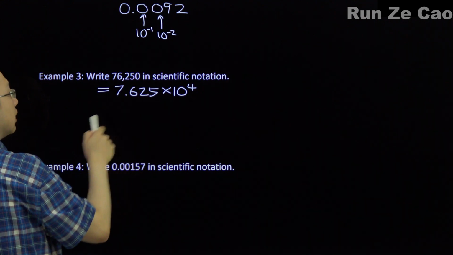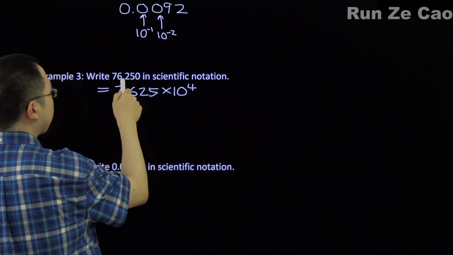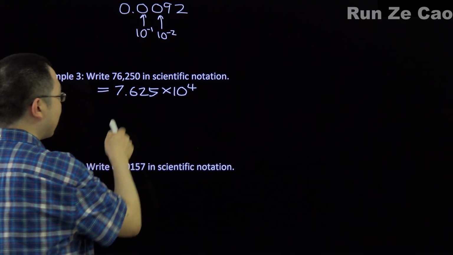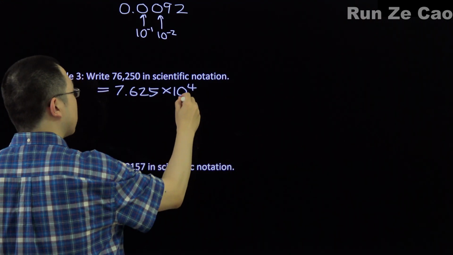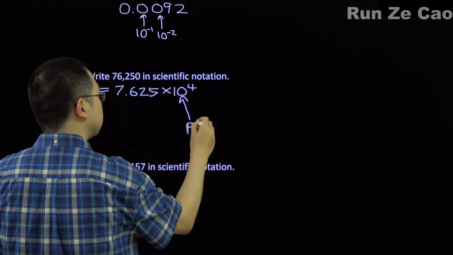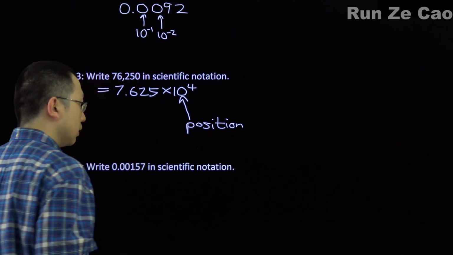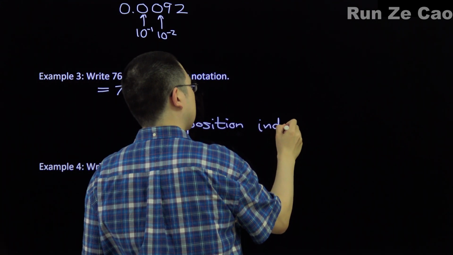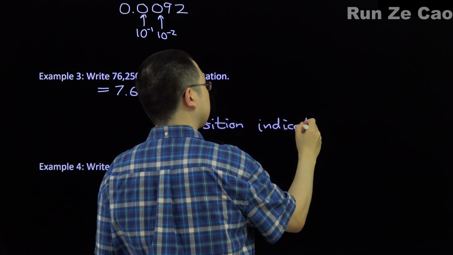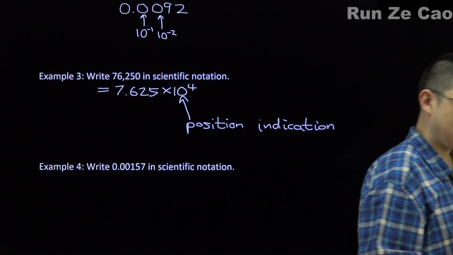And we write all the non-zero digits and any zeros that are in between them as the part that's being multiplied to the position indicator. That's the purpose of the 10 to the whatever power that you multiply in.